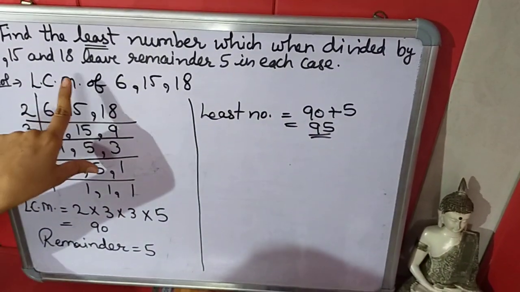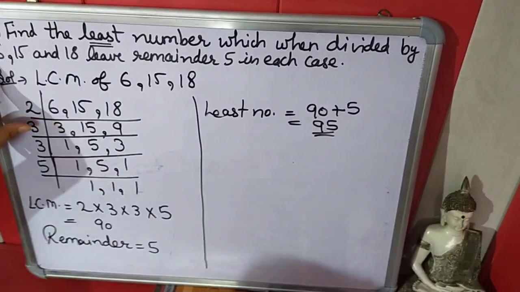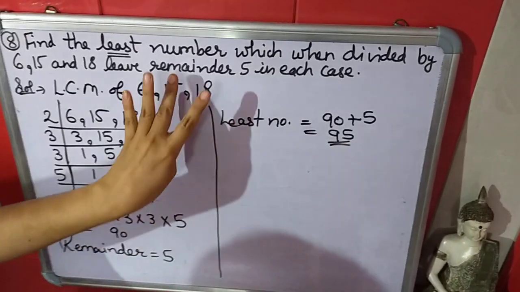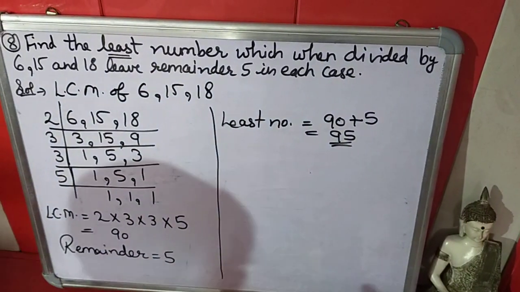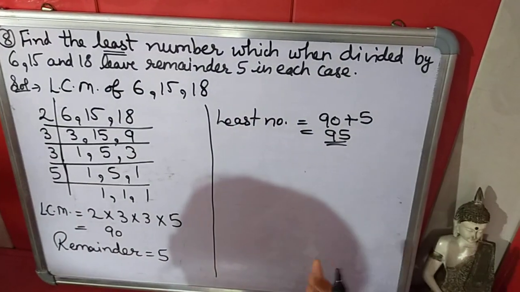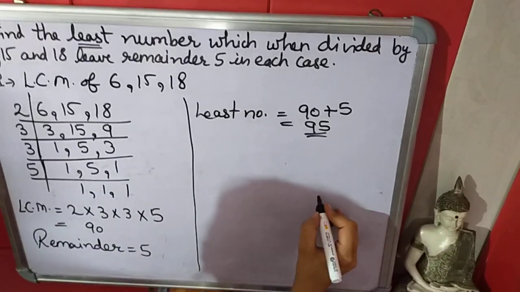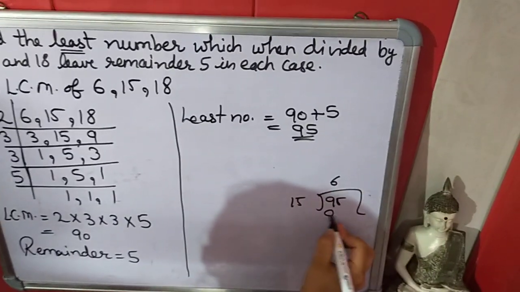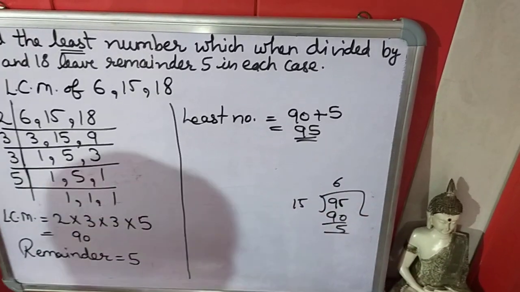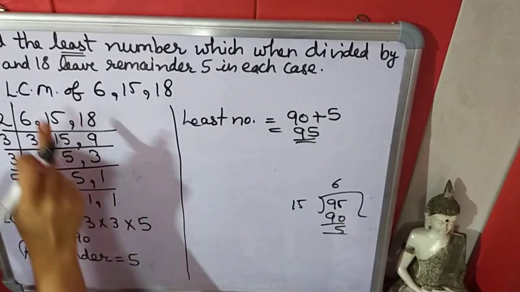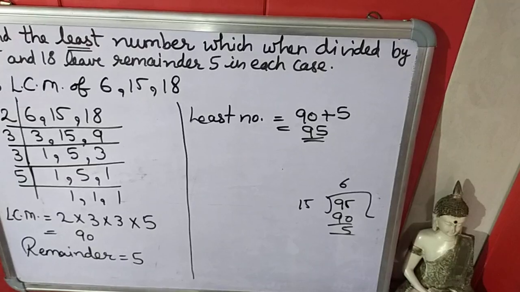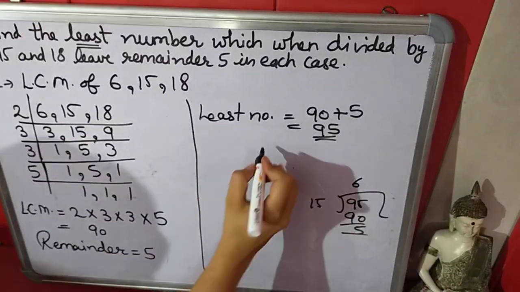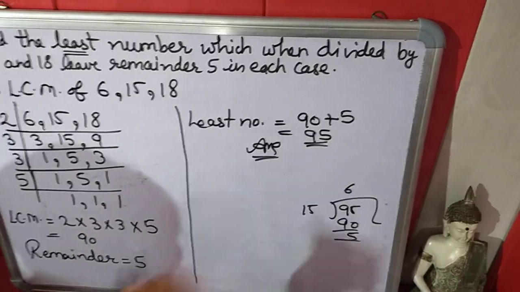So when you divide 95 by 6, 15 and 18, in each case remainder will be 5. If you want to check, you can check in rough also. If 95 is divided by 15, 5 will be remainder. Same if 95 is divided by 18, 5 will be remainder. So the answer will be 95.